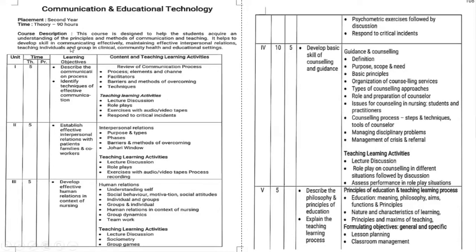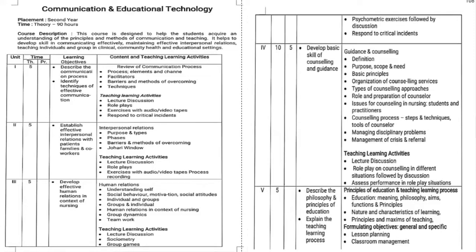Theory is 90 hours. 30 hours first IA, next 30 hours second IA, next 30 hours third IA. 30 plus 30 plus 30. Okay, total theory is 90 hours.